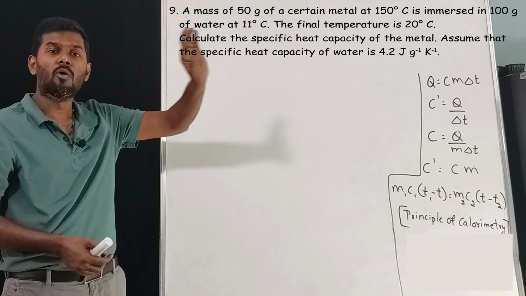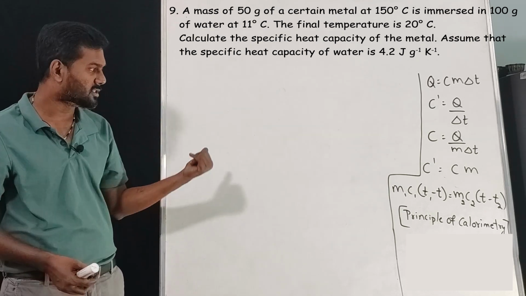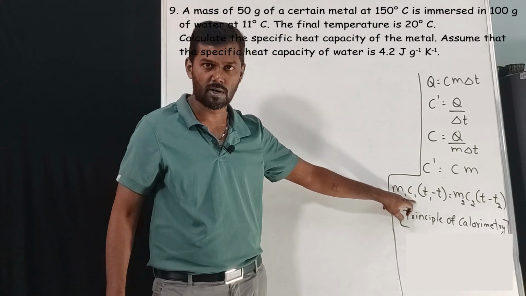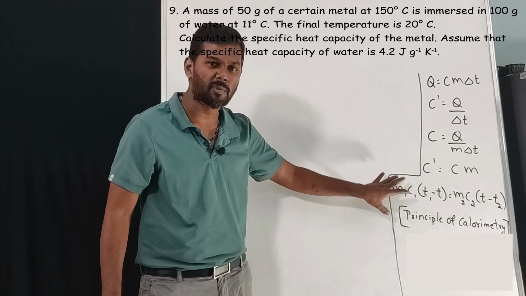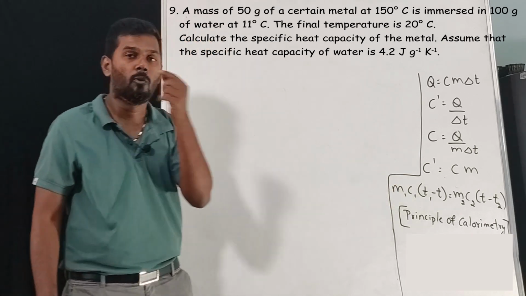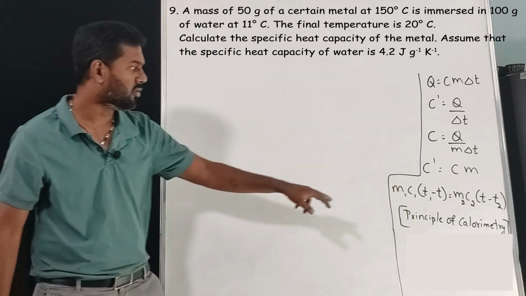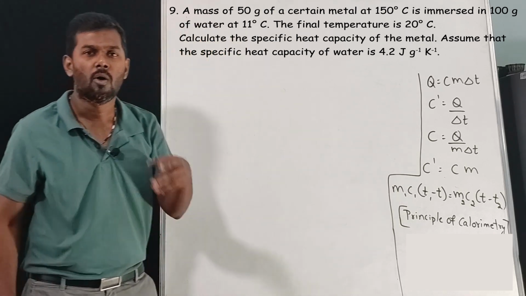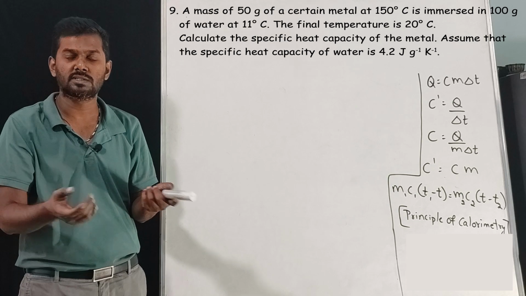All 8 questions were related to only one object. When two objects come into the picture, we are going to use this formula. You got my point? I told you this formula would be discussed when the question comes, correct? When one object is immersed in another object, then we are going to use these kinds of formulas. It may be the same object, like hot water in cold water, all those things.